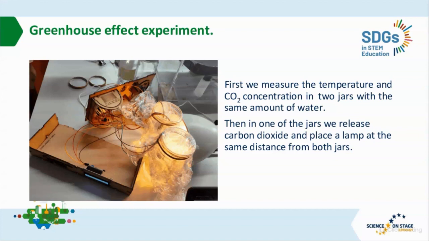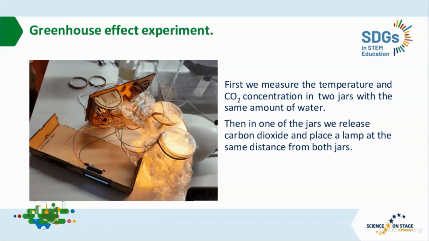So if you want to, you can just go ahead and use one single carbon dioxide sensor. You test at first with the two jars open how much carbon dioxide you have in both of them, and the most common value is around 400 ppm, which is the normal amount in air.